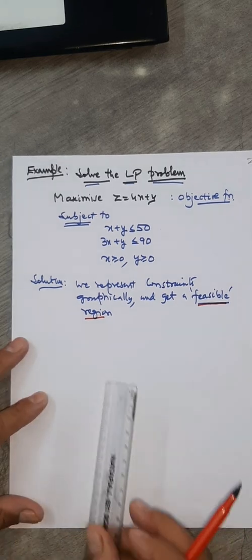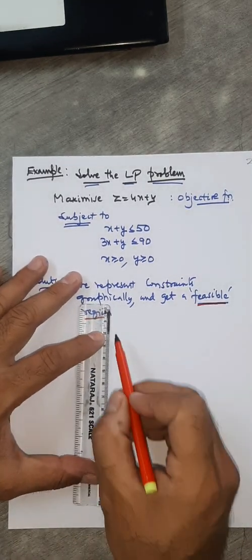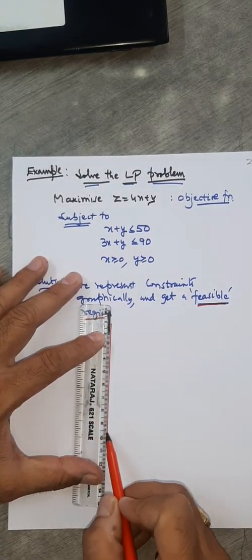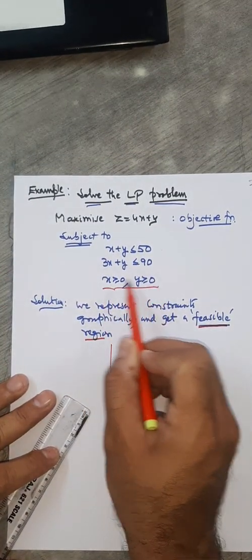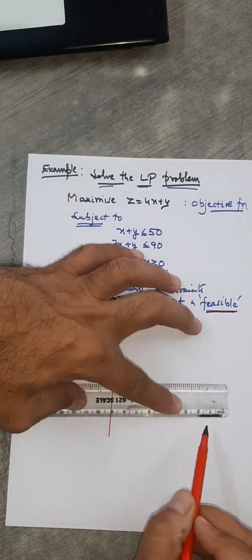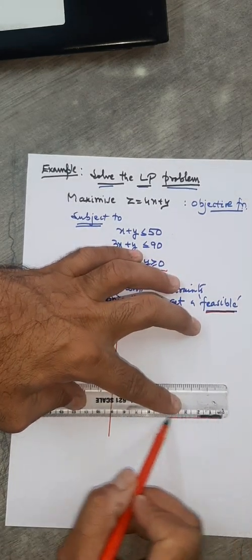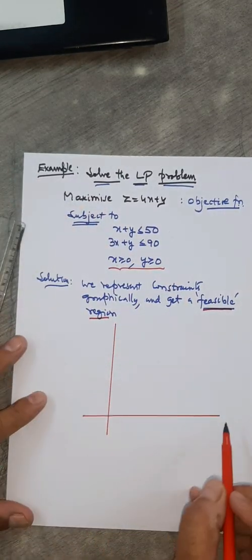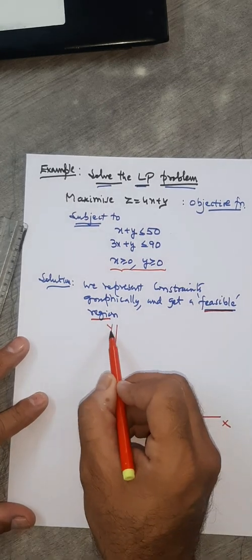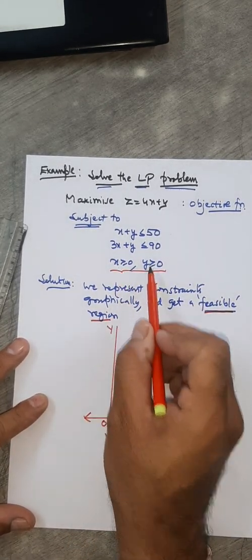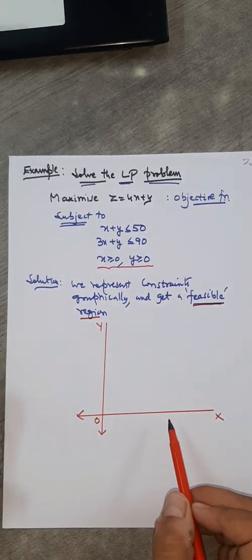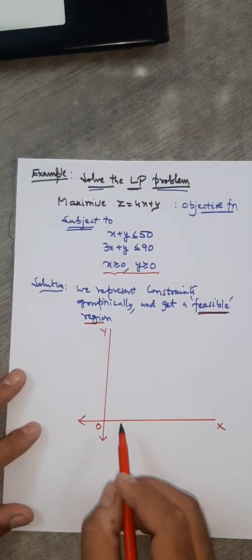Okay, so for this let's consider 2 coordinate axes here. You see we are concentrating where? In the first quadrant only, because of this. So I'm just showing the first quadrant. This is the x-axis, this is the y-axis. Why are we concentrating on the first quadrant? Because you are already given that x and y both are greater than or equal to 0.